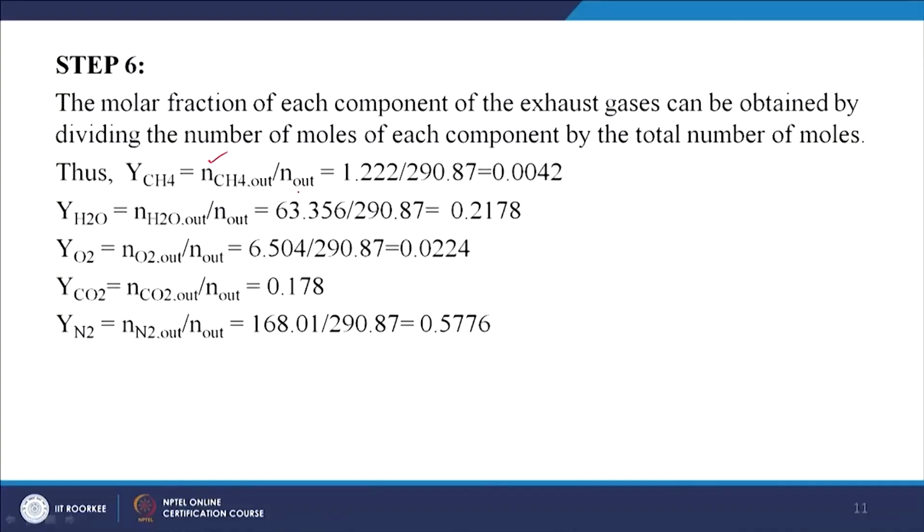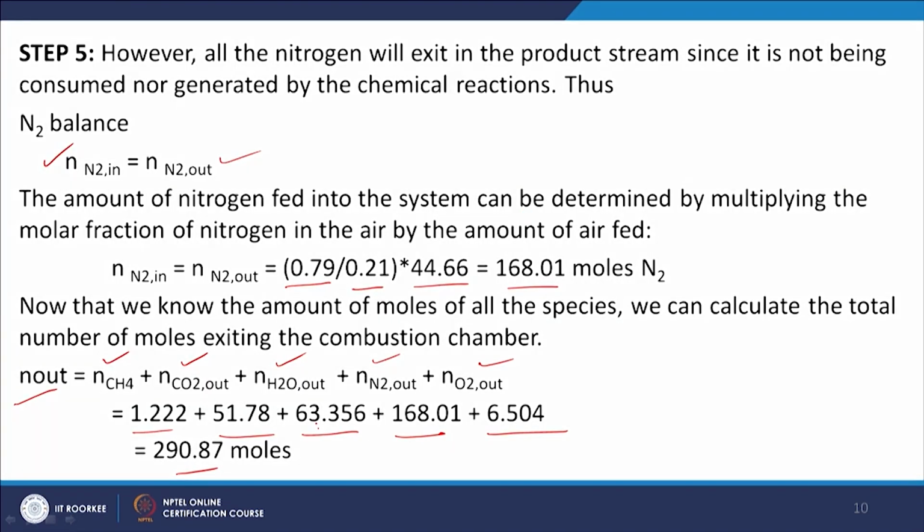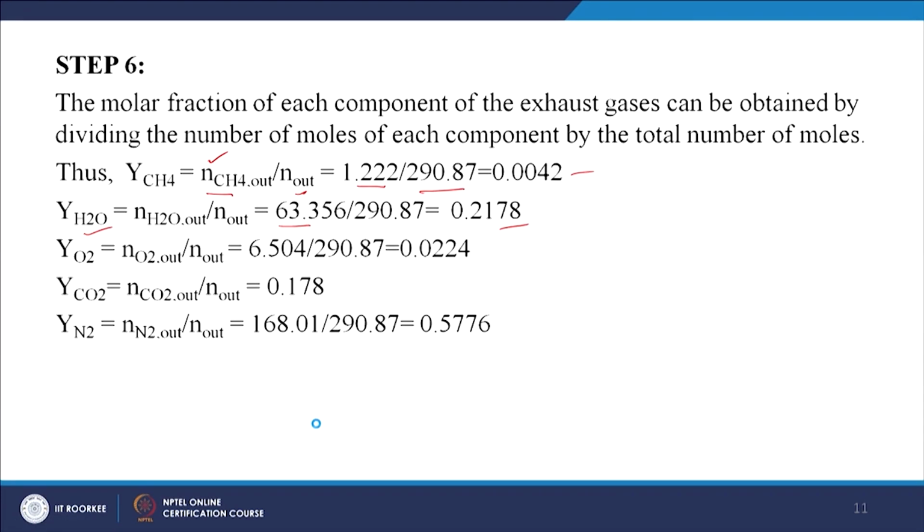The mole fraction of methane equals moles of methane by total moles. So, for methane, 1.222 by 290.87. For H2O we get 63.356 divided by 290.87, that is 0.2178. Then for yO2, that is equal to 6.504 by 290.87, that is equal to 0.0224.